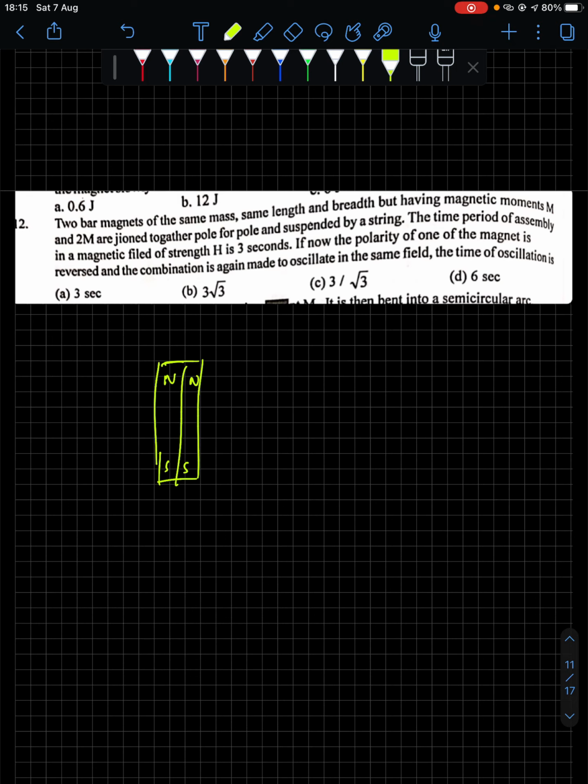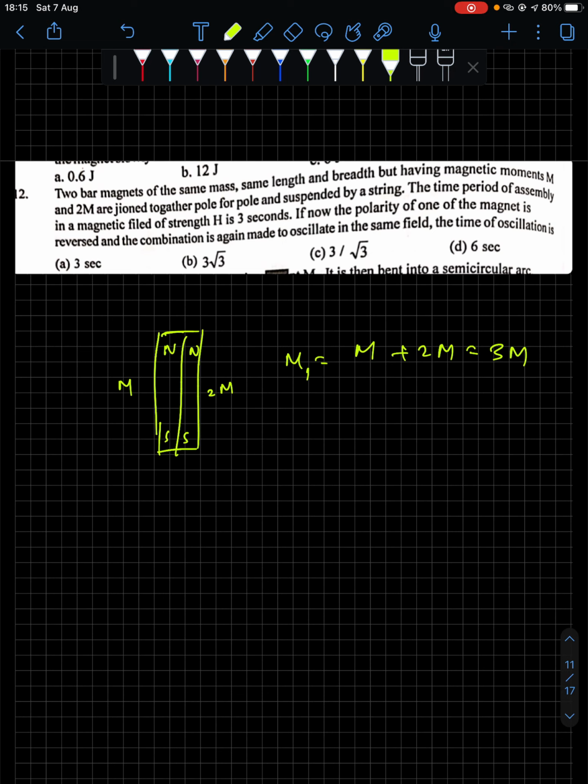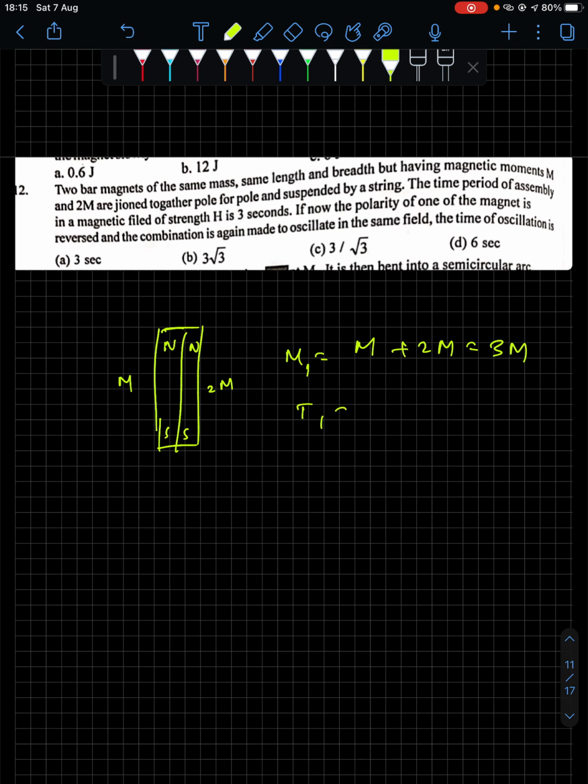So in the first case, since theta is 0 and you have pole for pole arrangement, m will be m plus twice m. The first magnet has dipole moment m, second one has twice m. So the equivalent dipole moment will be m plus 2m, which is 3m. Say this is m1. Okay, first situation.